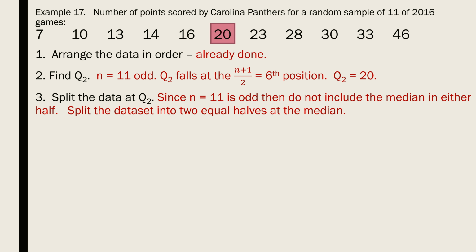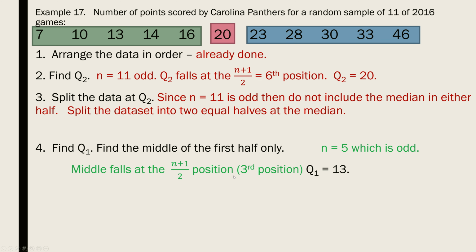Then we split the data at Q2. Since the sample size is 11, we do not include the median in either half. We split the data set into two equal halves at the median.